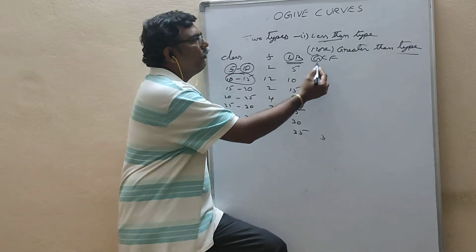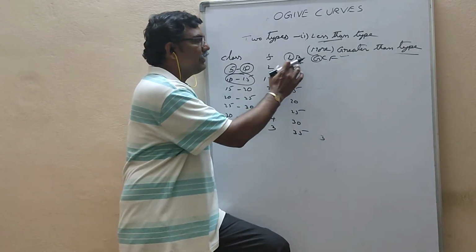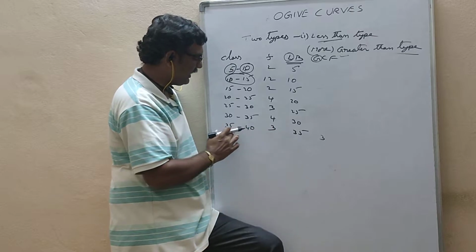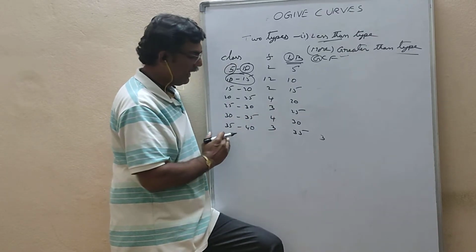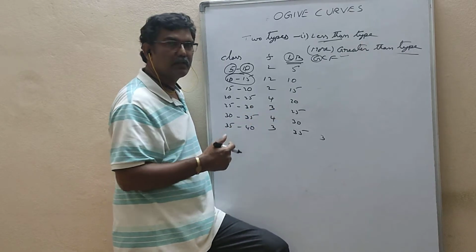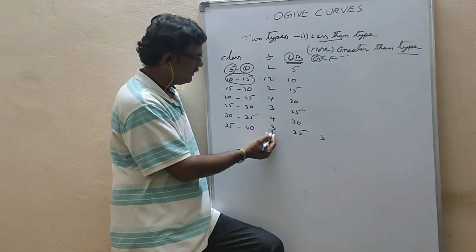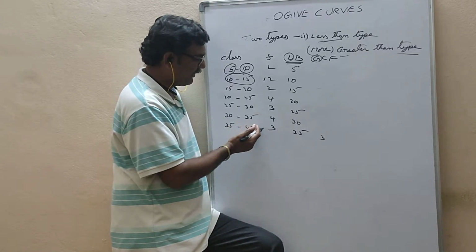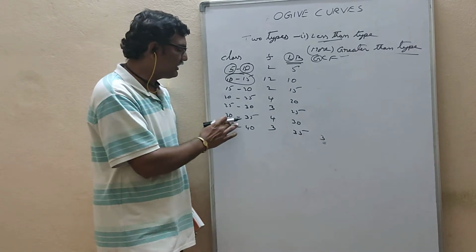So what is GCF? GCF means lower boundary, or not? Here you have to write for above 35. Above 35, how many members are there? 35 to 40, how many members? 3 members. Now come to this class.